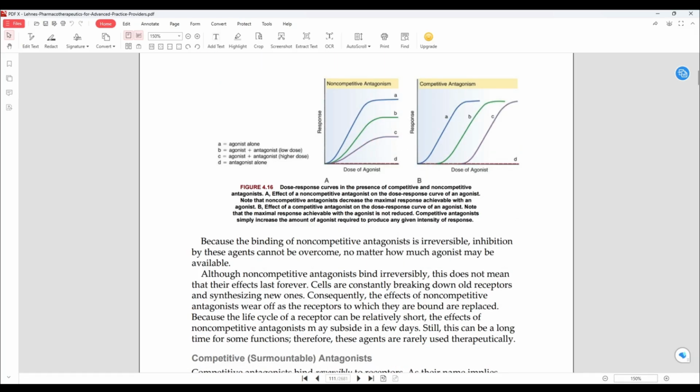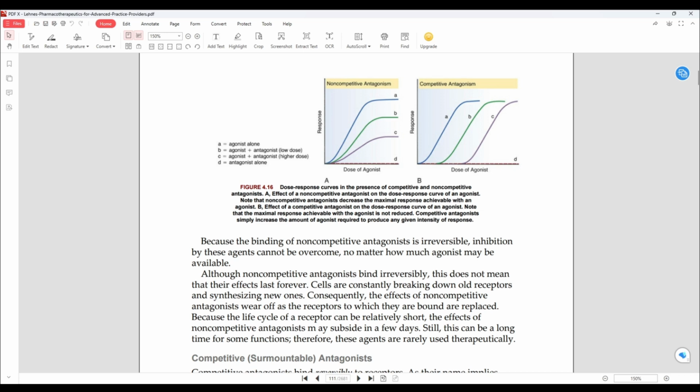Because the binding of a non-competitive antagonist is irreversible, inhibition by these agents cannot be overcome, no matter how much agonist may be available. Although non-competitive antagonists bind irreversibly, this does not mean that their effects last forever. Cells are constantly breaking down old receptors and synthesizing new ones.